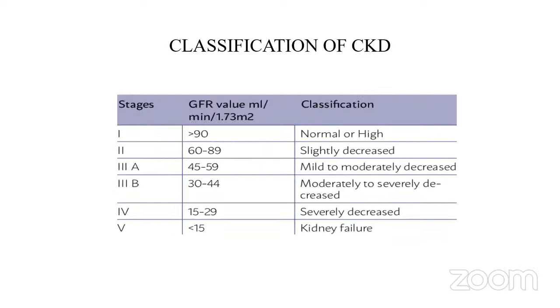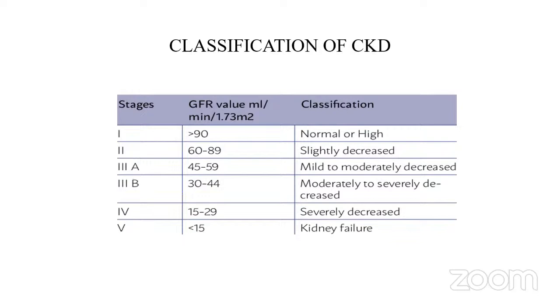CKD is classified based on GFR into 5 stages. Stage 1, if GFR is more than 90, it's classified as normal or high. If GFR is 60 to 89, it's called slightly decreased or stage 2. If GFR is 45 to 59, it's classified as 3A or mild to moderately decreased CKD.